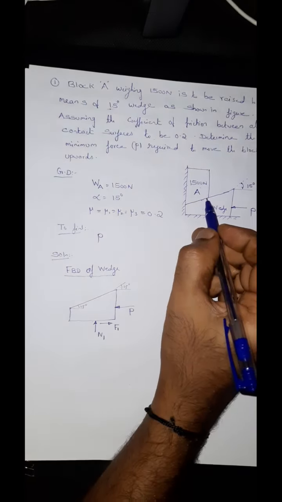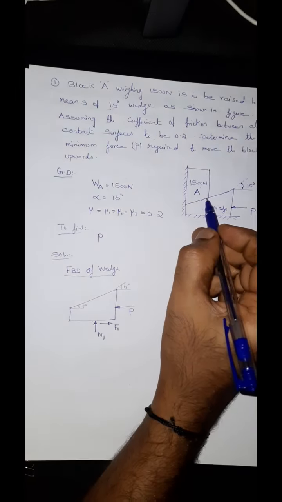Assume this is the frictional force acting in this direction. This is 15 degrees. As you know, the angle between N2 and F2 will always be perpendicular.